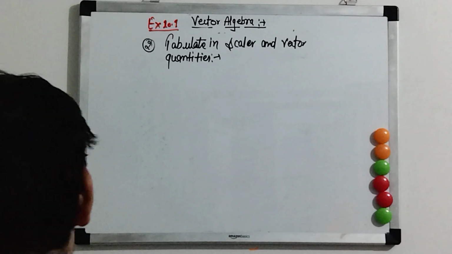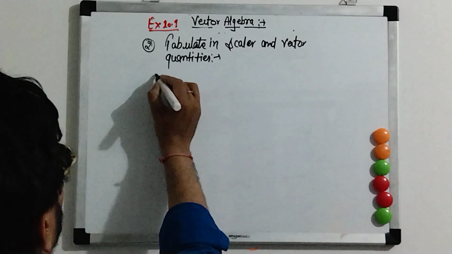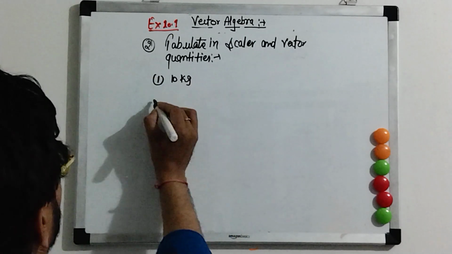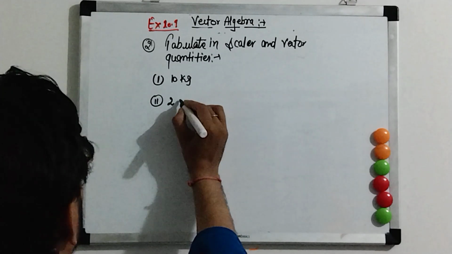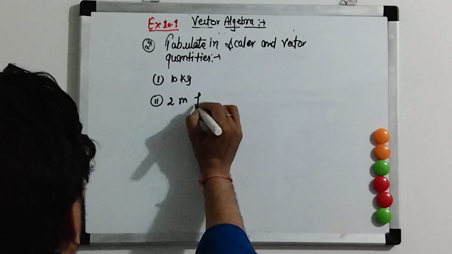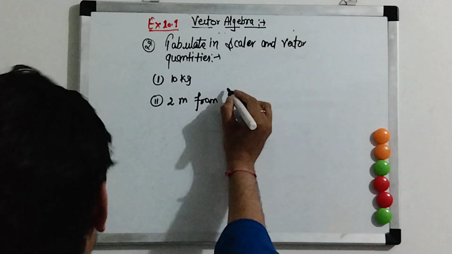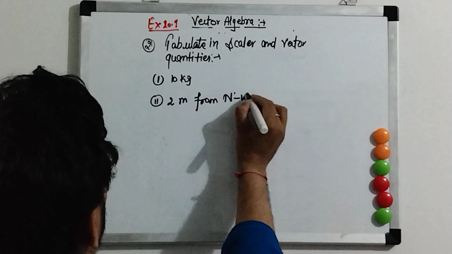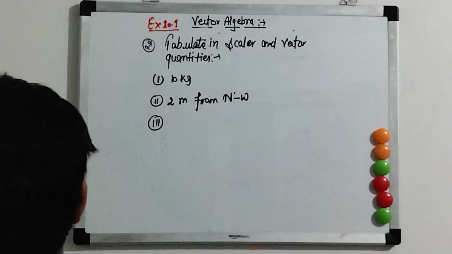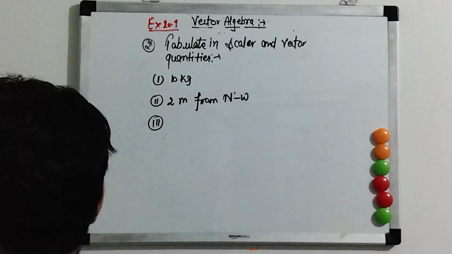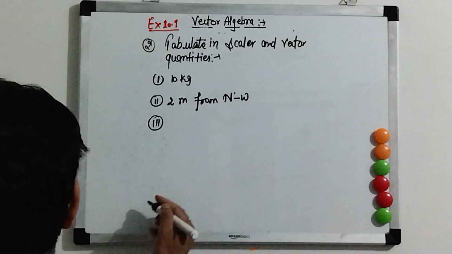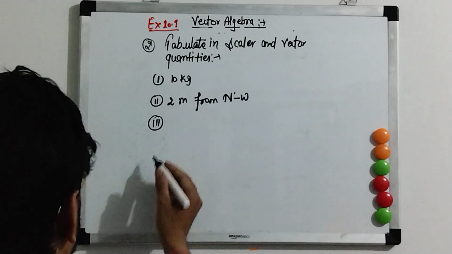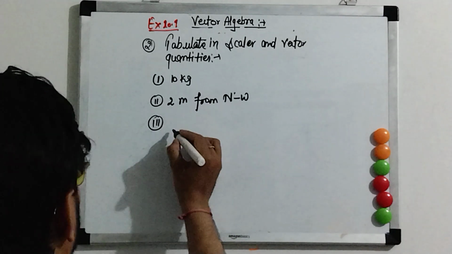Okay, first is 10 kg, second is 2 meter from north to west. Okay, understand? Third, 40 degree.